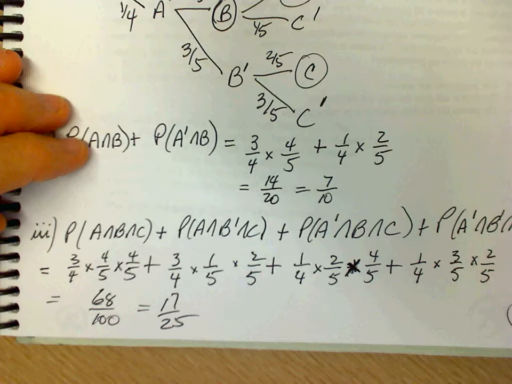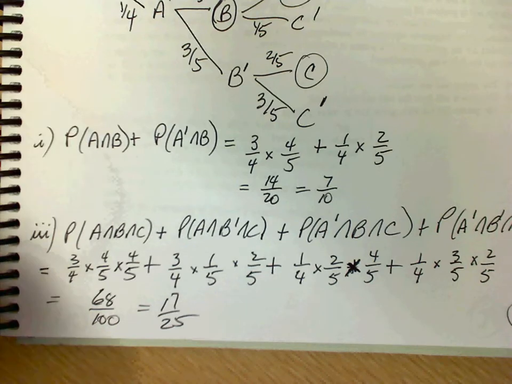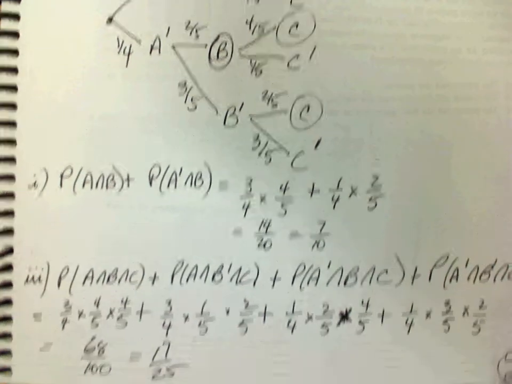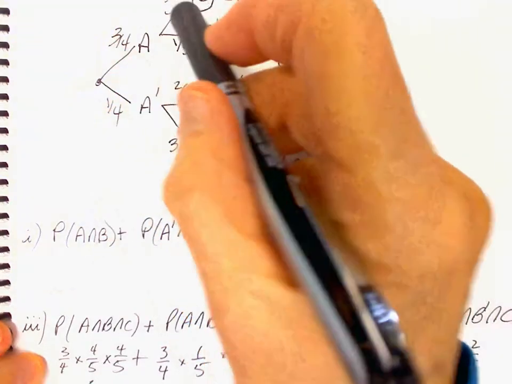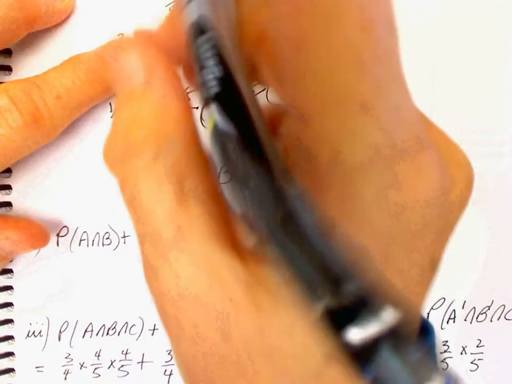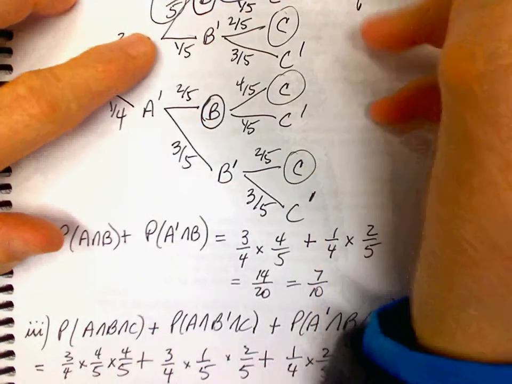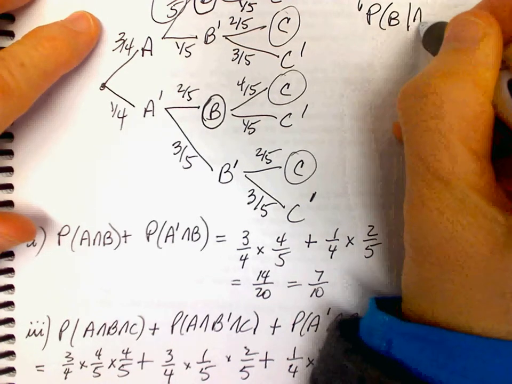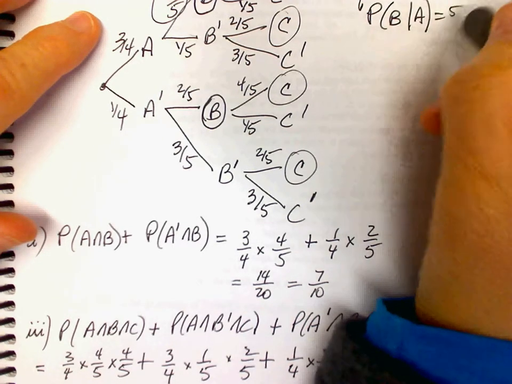I just want to point out that all these things on the branches are conditional probabilities. For example, this one is the probability of getting B right given A was right, which equals 4 over 5, right? Do you see that?